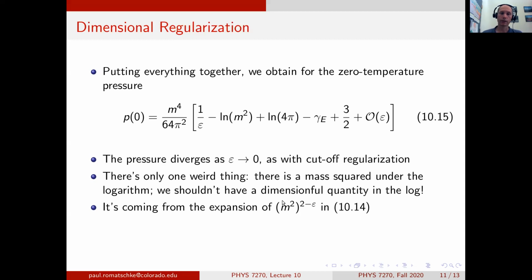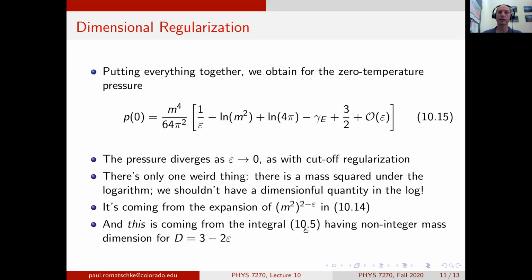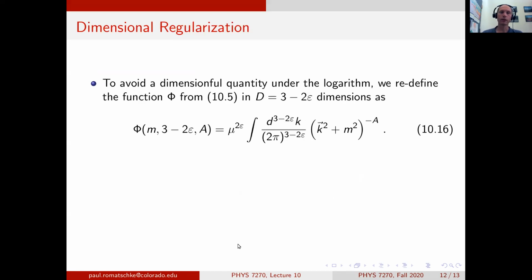Now, this mass scale object to a non-integer power can be traced to the fact that we have taken the integral measure to be evaluated in non-integer spatial dimension, so 3 minus 2 epsilon. To avoid something like this, we basically have to slightly modify our function phi when we take d to be a non-integer value of space dimensions.